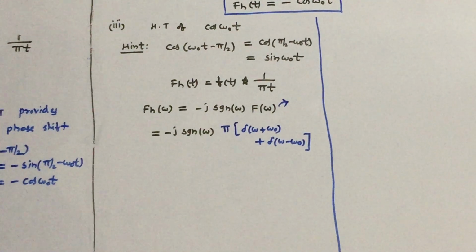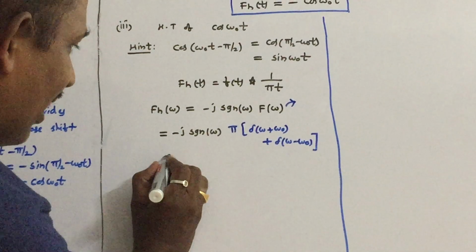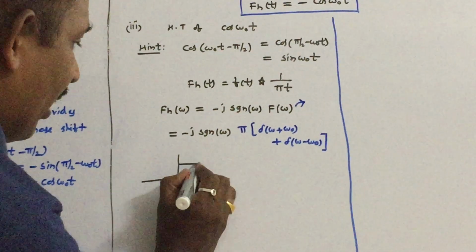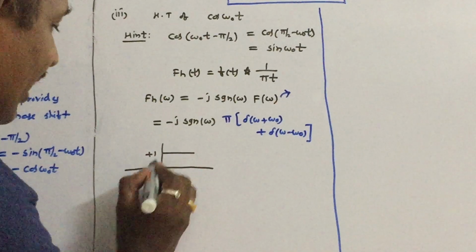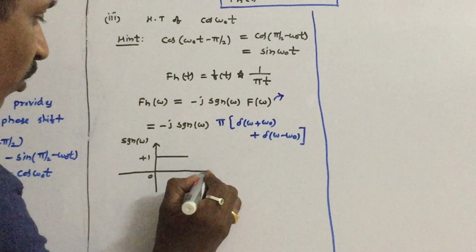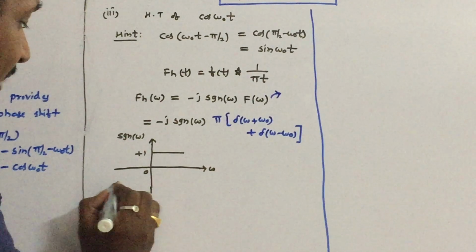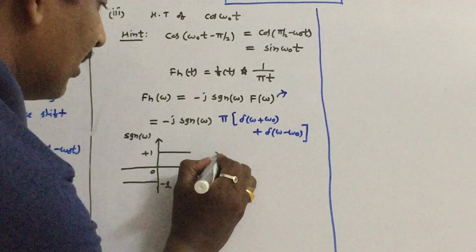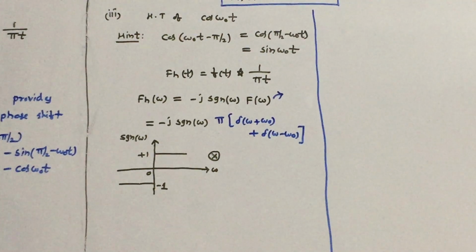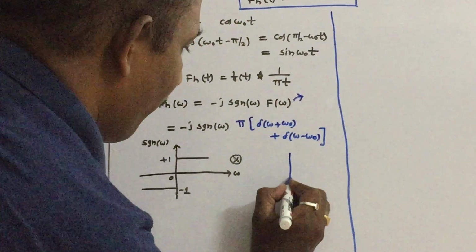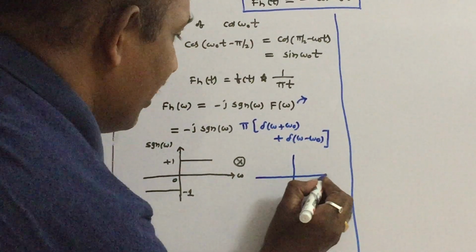Again, we multiply in a similar manner. First write sigma of omega: its value is plus 1 on the right side, and on the left side its value is minus 1. We are multiplying this with the other function. Let us see what this function is.